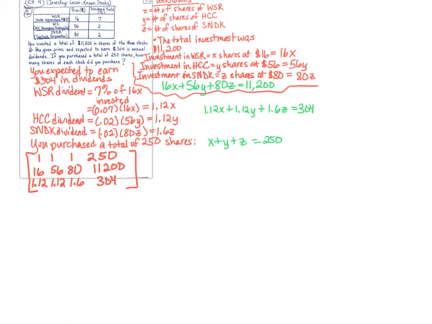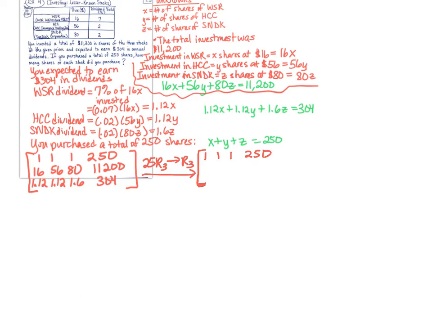All right, so now what we're going to do, I'm going to multiply row 3 by 25 to get a new row 3. And remember, there are many ways that you can approach this problem. There are many different row reductions. You have to choose what's best for you. Row 1 is not going to change, so that's going to leave us 1, 1, 1, 250.